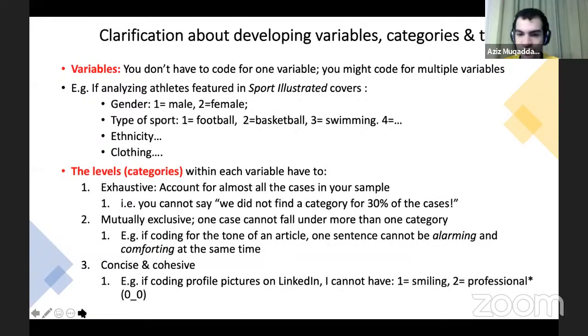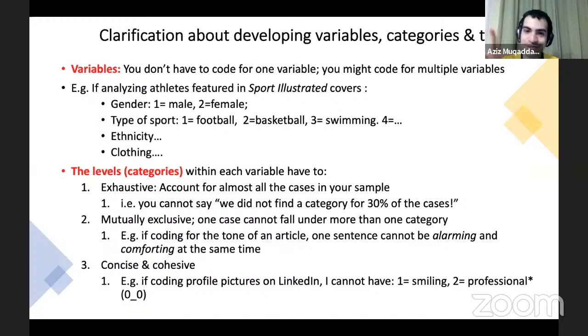Then within each variable, you have different categories, and those are supposed to be exhaustive, usually exclusive, and concise, right? To clarify if there's any confusion, the type of sport: the athlete is going to be a football athlete, a basketball athlete, or a swimming athlete, but it cannot be both, right?